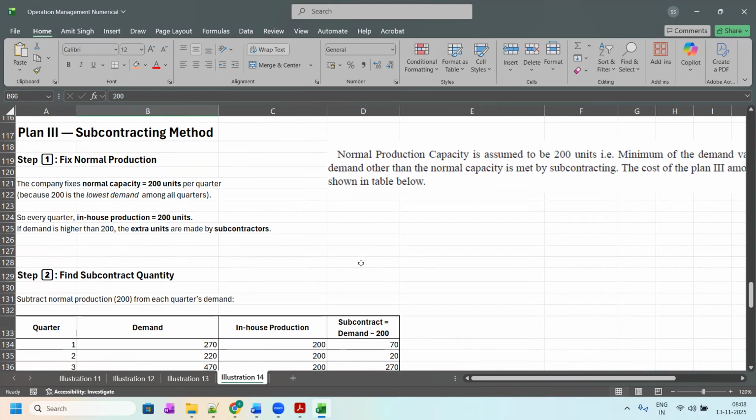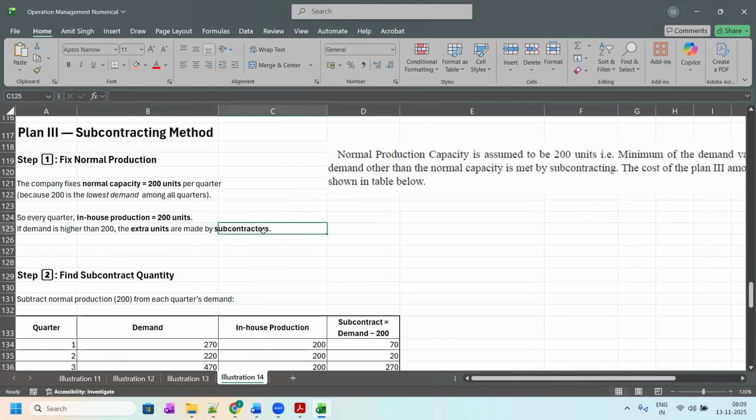Is this clear? Yes, sir. So every quarter in-house production should be a minimum of 200 units, and if the demand becomes higher than 200 units, then the extra units are made by a subcontractor. This is the subcontracting method. Have you understood this?